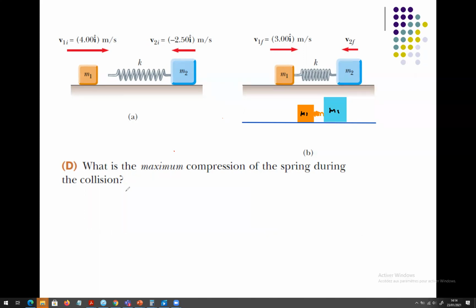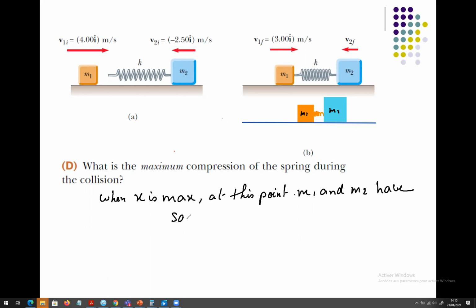So we can say here, when X is max, at this point, M1 and M2 have the same speed only at this point.